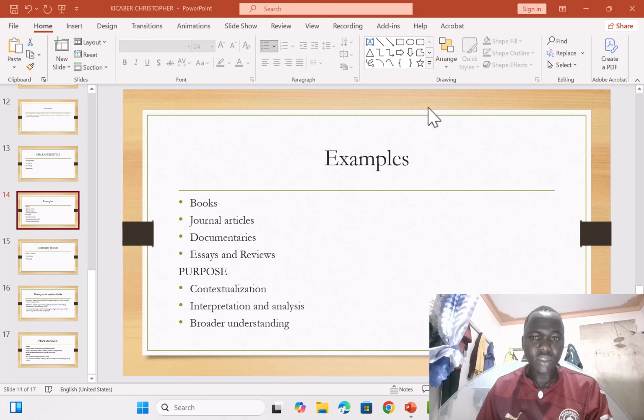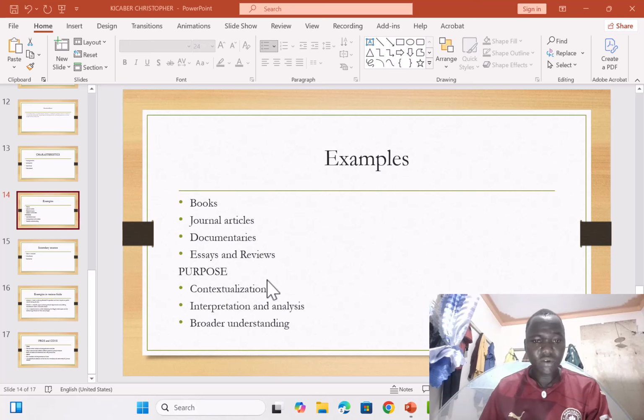Also journal articles, for example, literature reviews summarizing previous reports on a certain issue. Others are documentaries, for example, films or videos that tell the stories of historical events. And then essays or reviews. We all know essays.